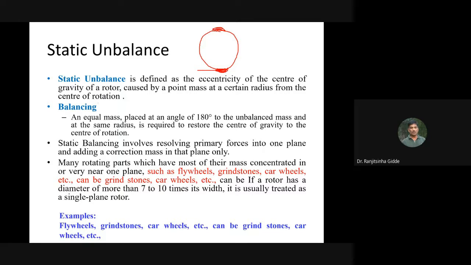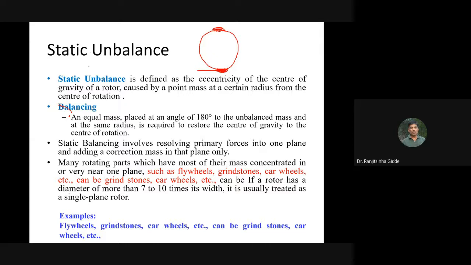So that is written here. Balancing is an equal mass placed at 180 degrees to the unbalanced mass and at the same radius, that will restore the center of gravity to the center of rotation.